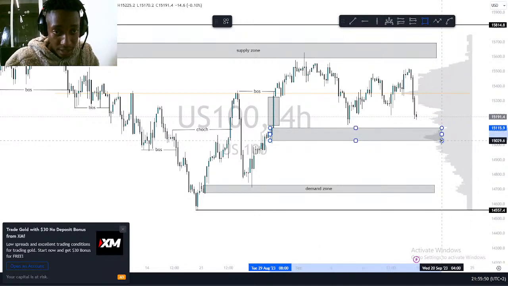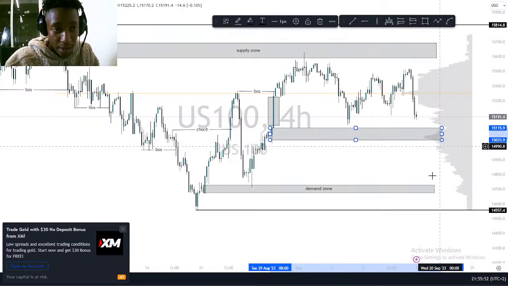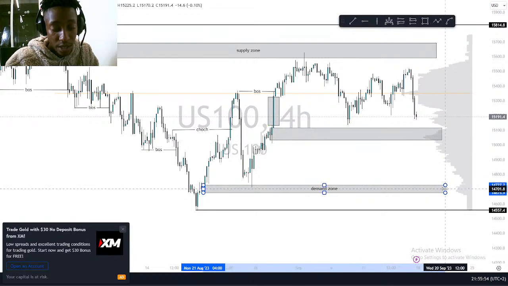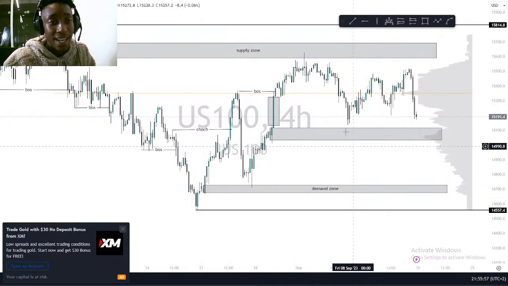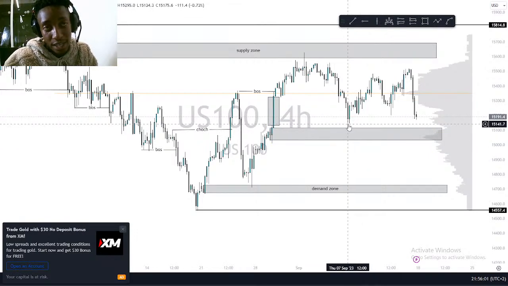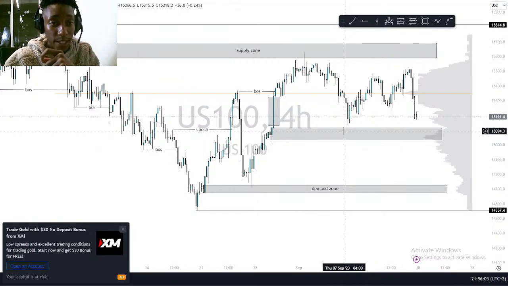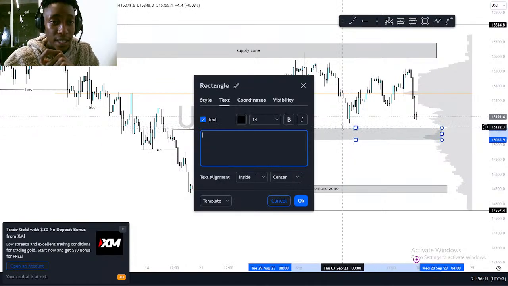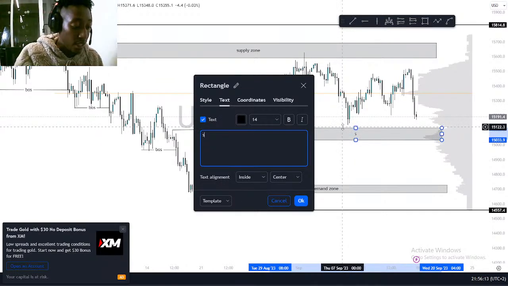That's our untested demand zone. You can see the market tried to take out that demand zone, but it failed. That's inducement, by the way. Whenever the market gives you false confirmation, that's inducement.